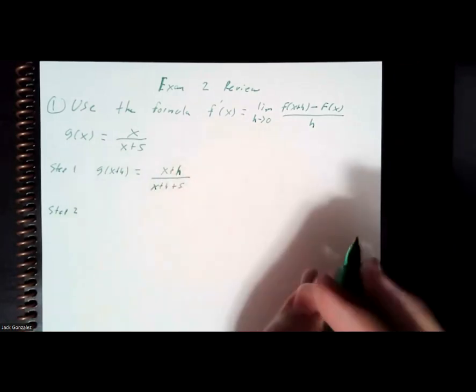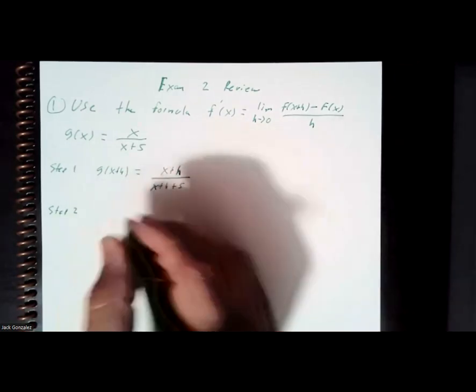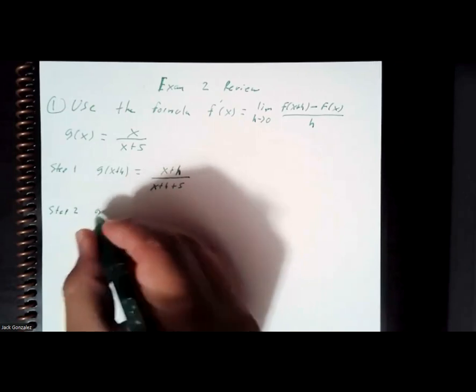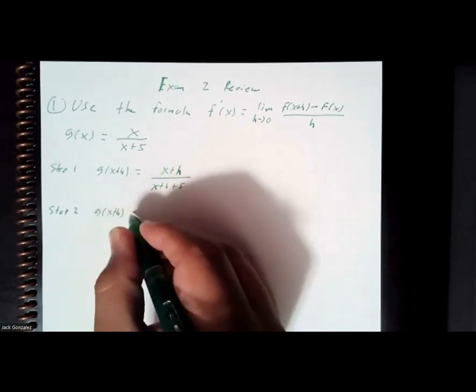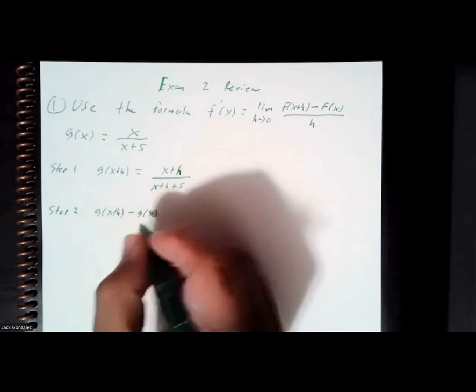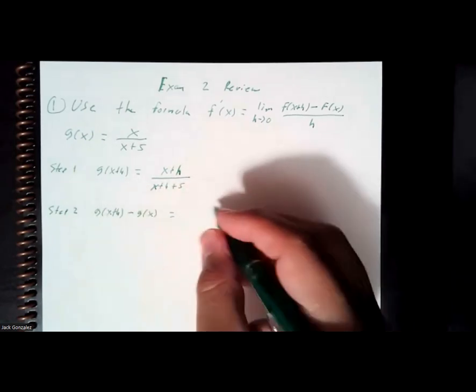Step two is just subtract the f, or in this case, g. So do g of x plus h minus g. Just do a piece at a time.